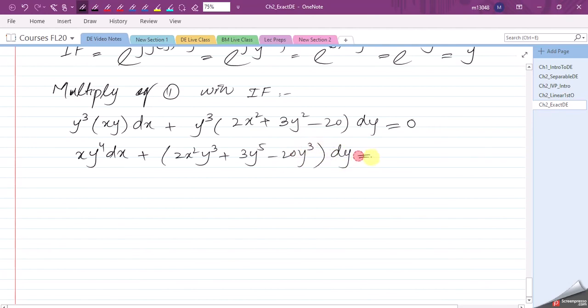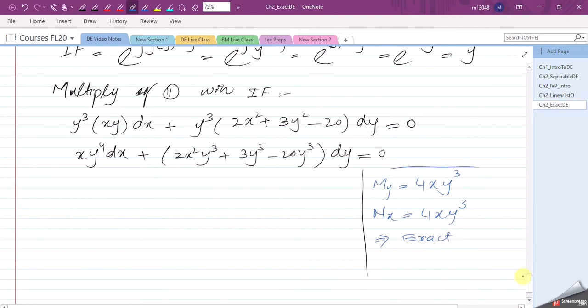Okay, so let's check here on the side again. My, this one with respect to y, 4xy³, and Nx, this one with respect to x, 4xy³, so they are equal, because My and Nx are equal.